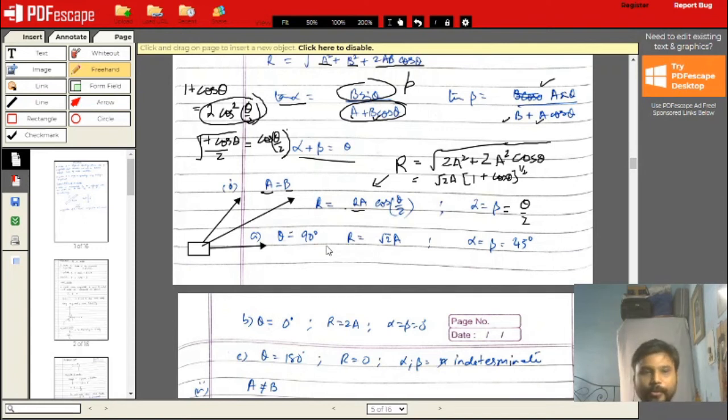So this is a common problem again. Let's say this is vector A and this is vector B. The angle between these two vectors is 90 degree, and these two vectors are equal in magnitude.